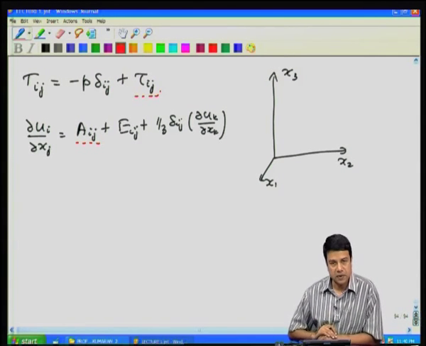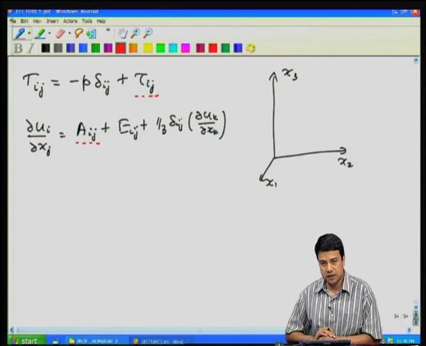This tensor tau ij, symmetric traceless.